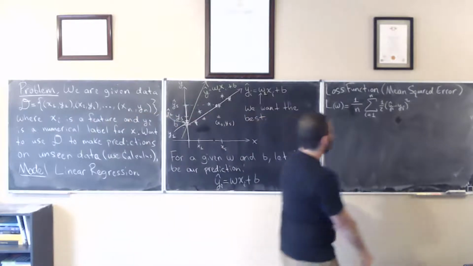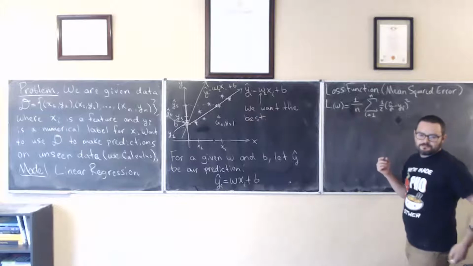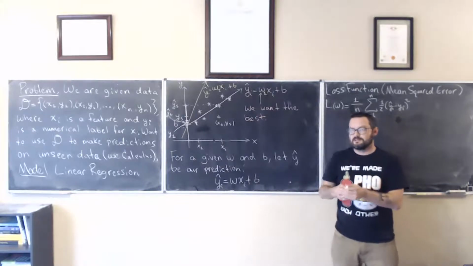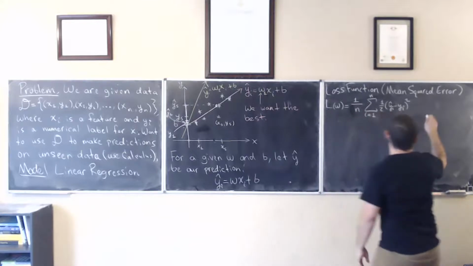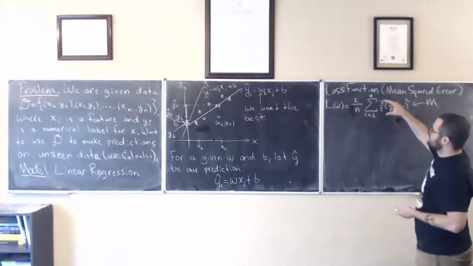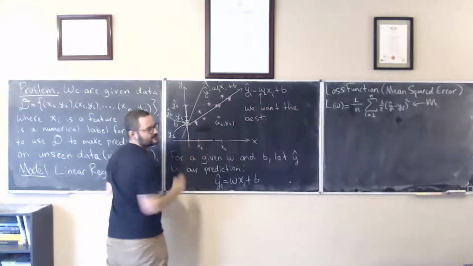So how can we do that? Well, this is just a function of one variable, right? And we know that we want to minimize this, we want to minimize the loss. The lower this is, the closer our line slope is to fitting the points.